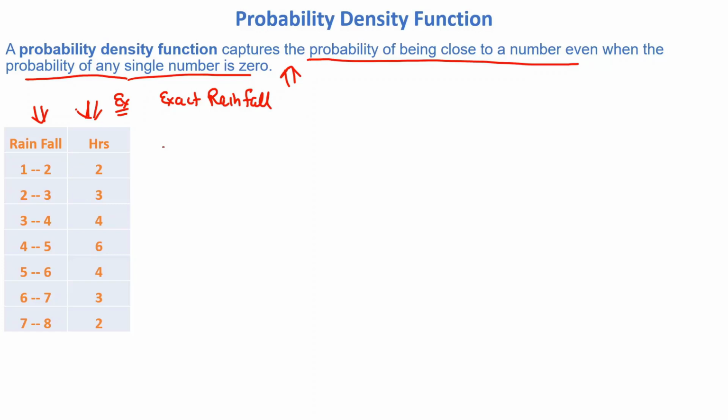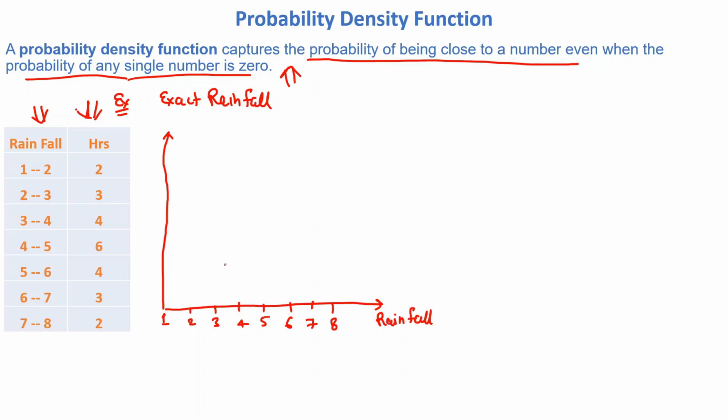If we want to draw a plot using a histogram, this is your rainfall and this is your hours data. If we plot this, then between 1 to 2 we have 2 hours of data. Then 2 to 3 we have 3 hours. 3 to 4 we have 4 hours.